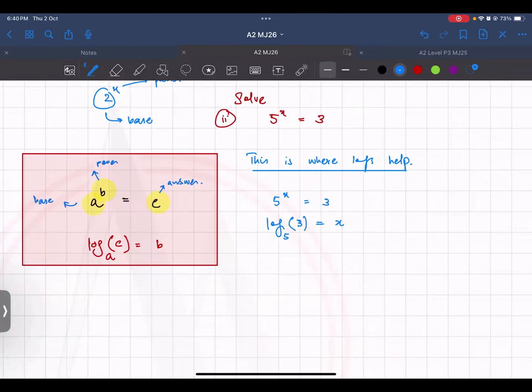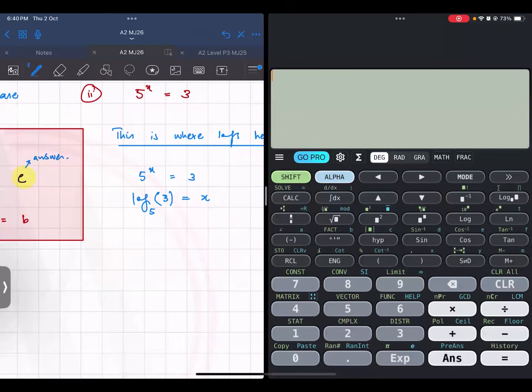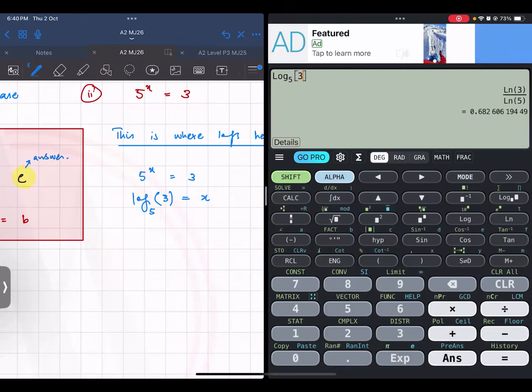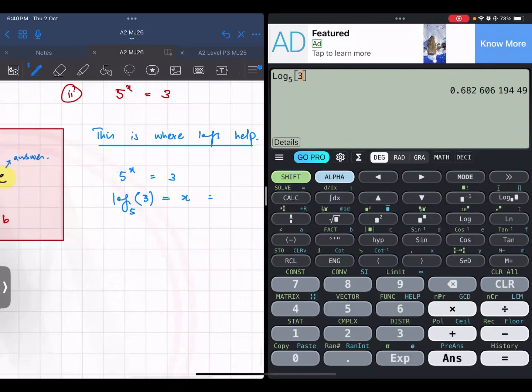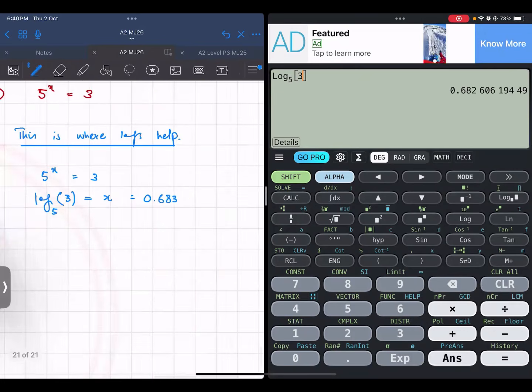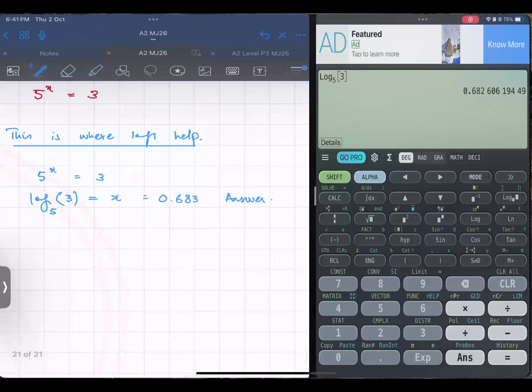This becomes log base 5 of 3. So x is log base 5, 3. And you can find it out, 0.682, 0.683. This is your answer. This is how the logs can help you solve exponential functions.